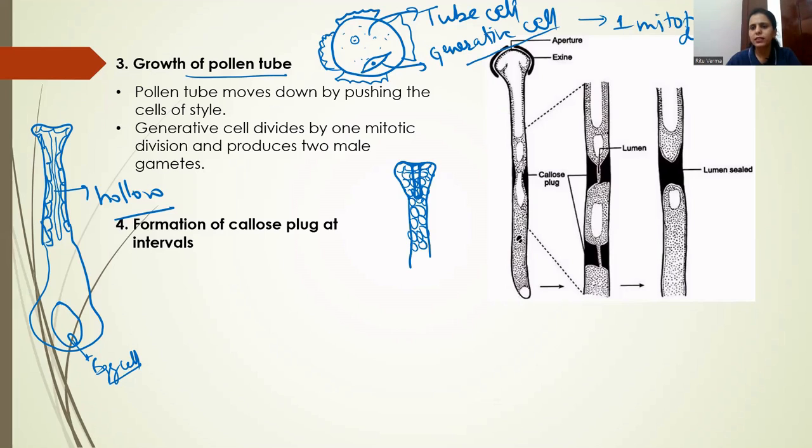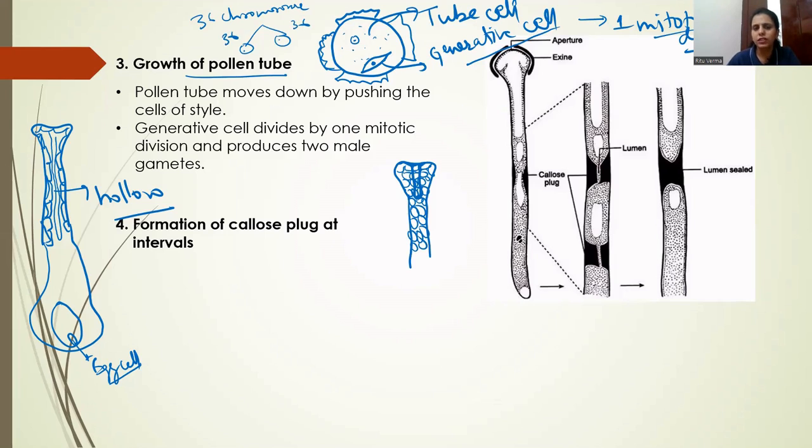Mitotic division means the type of cell division in which the same number of chromosomes are passed on to both daughter cells. So for example, if this generative cell has 36 chromosomes, then the two male nuclei which will be produced will carry 36 chromosomes each, 36 and 36.